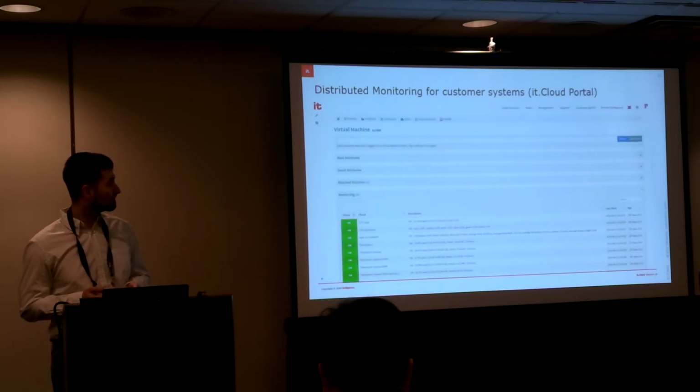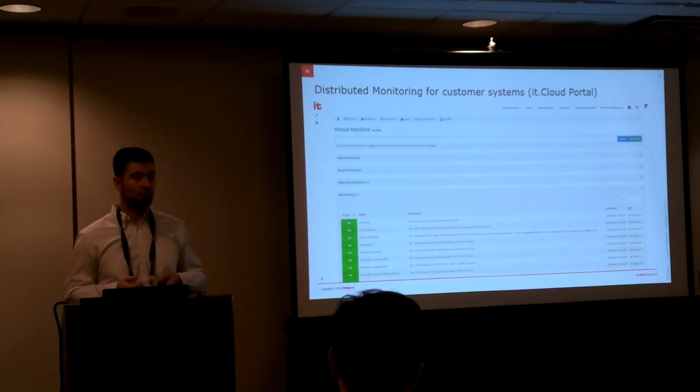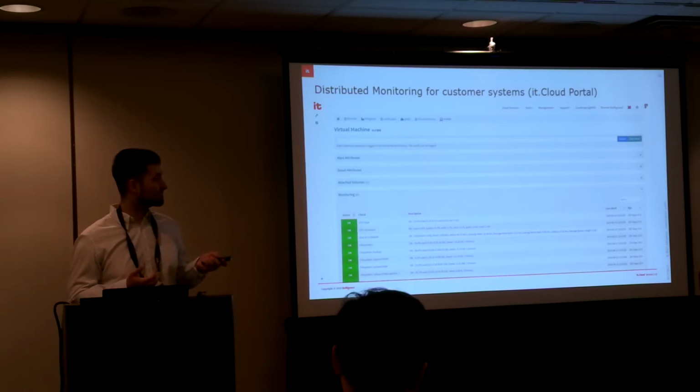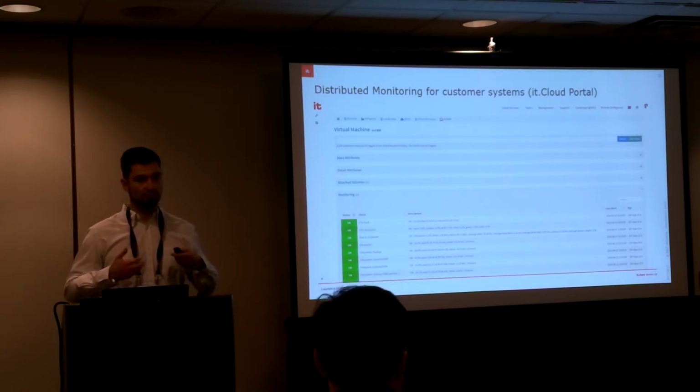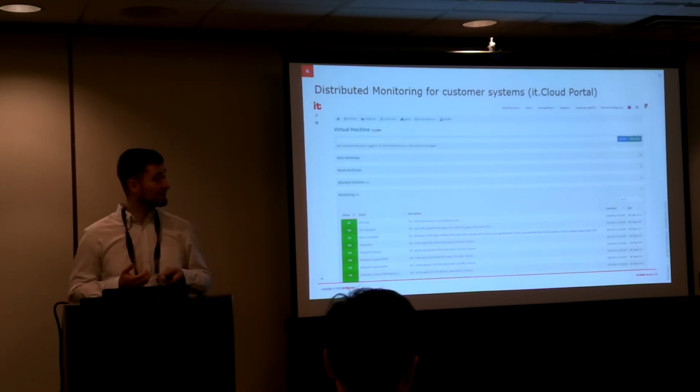How does that look? This is a screenshot of our portal and the virtual machine main view, where we can find much information about the virtual machine. For example, IP configuration, some cost information, and also the attached volumes and firewall rules.